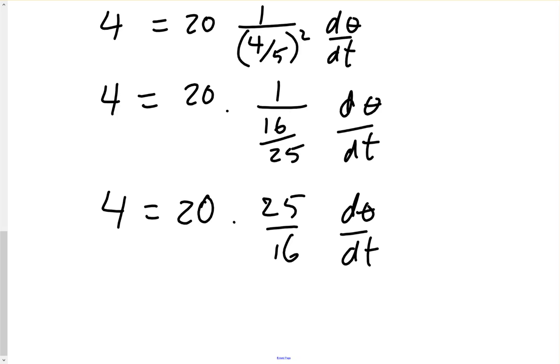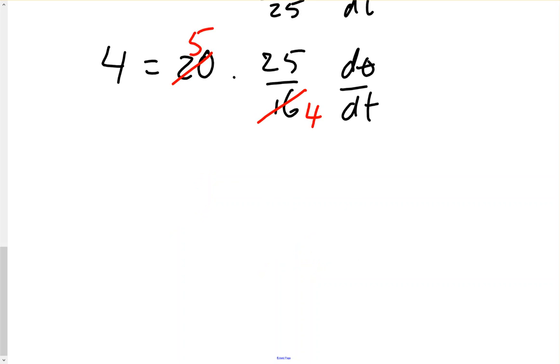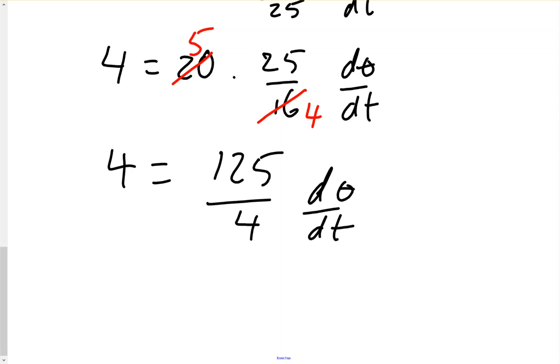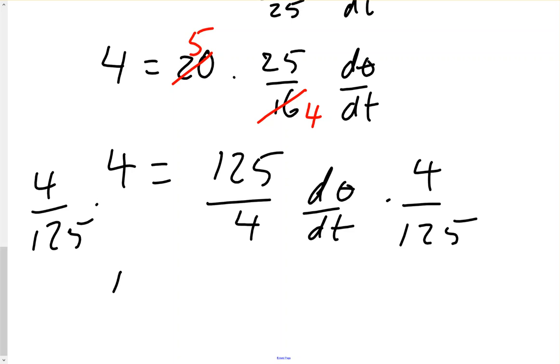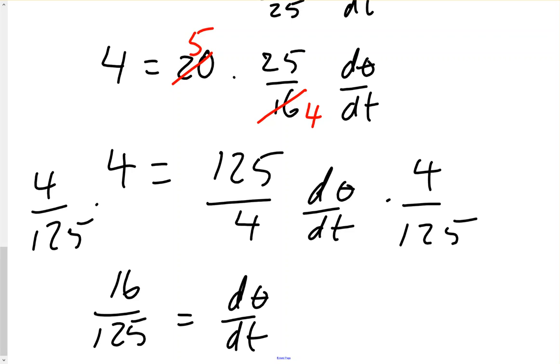Let's reduce a little bit to make this easier for ourselves. Divide by 4 and divide by 4, we get 5. So we have 4 equals 125 over 4 d theta/dt. Then multiply both sides by 4 over 125. So we have 16 over 125 equals d theta/dt.